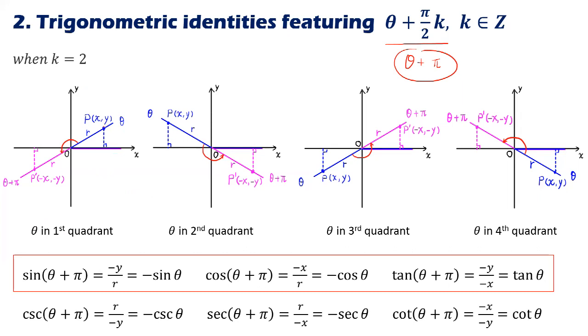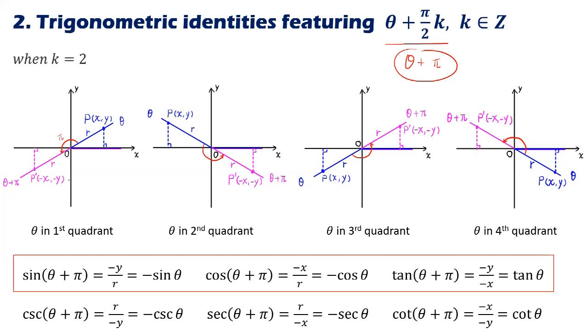Suppose P is a point on the terminal side of theta with coordinates x and y. Theta plus pi must be in the third quadrant, right? Because theta plus pi is simply turning theta counterclockwise for another pi, which means the terminal sides of these two angles must be on the same line.